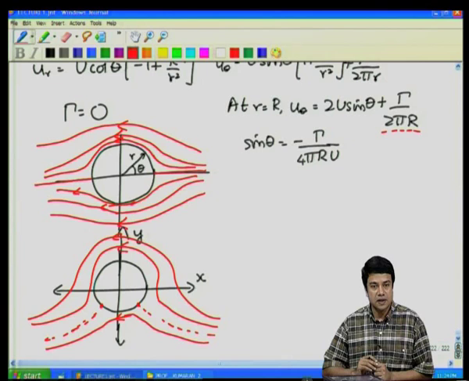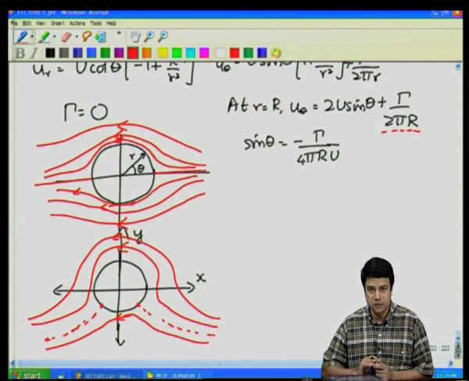Of course, this kind of a flow profile can happen only so long as minus gamma by 4 pi r u is less than 1, because sin theta has to be between minus 1 and plus 1.